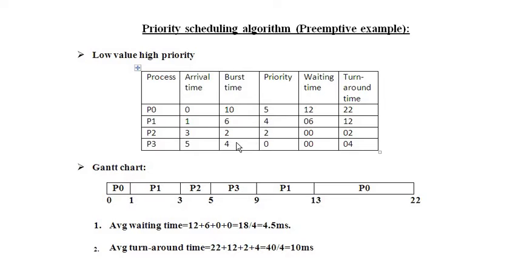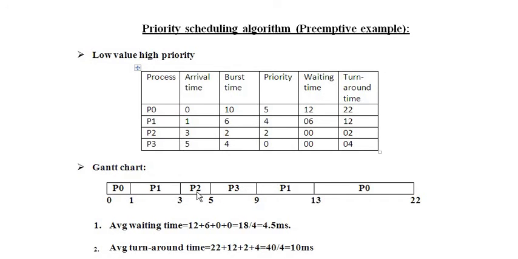So P2 is allowed to execute its instructions, and P2 takes 2 milliseconds and completes. Here P1 has been preempted out. Later P3 arrived at 5 milliseconds. By that time P2 had already completed its work. So P3 has been given the CPU as the priority of P3 is higher than the others.